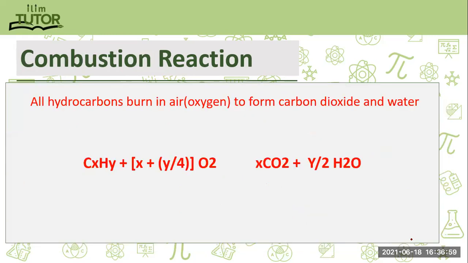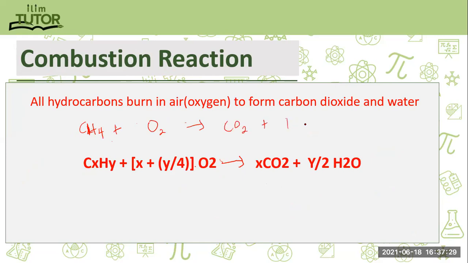Now, all hydrocarbons burn in air or oxygen to form carbon dioxide and water. So basically, we are saying that this is the general equation. If I have, for instance, CH4 plus O2, automatically I know it must give me carbon dioxide plus water.